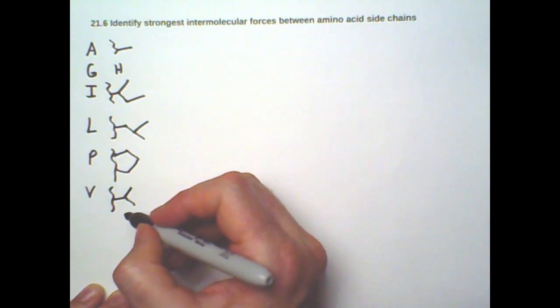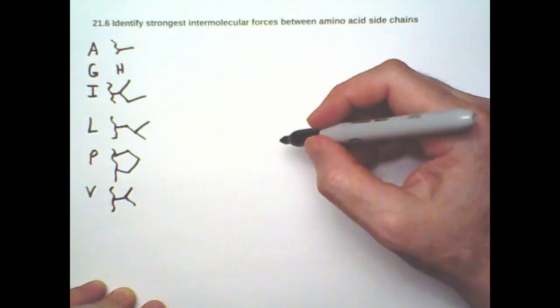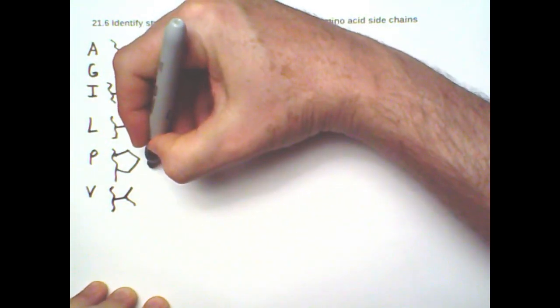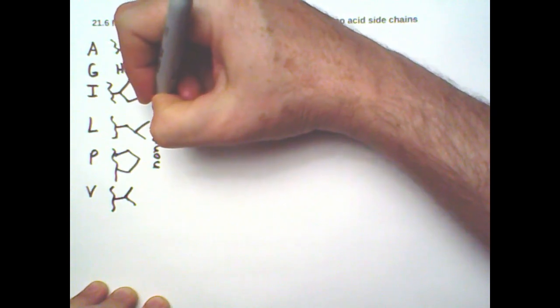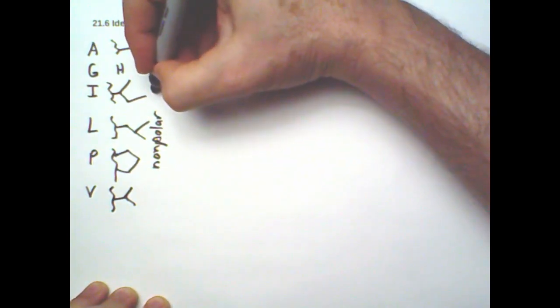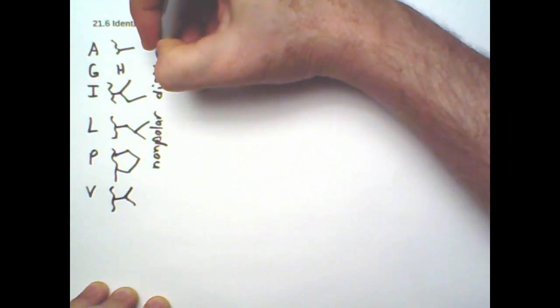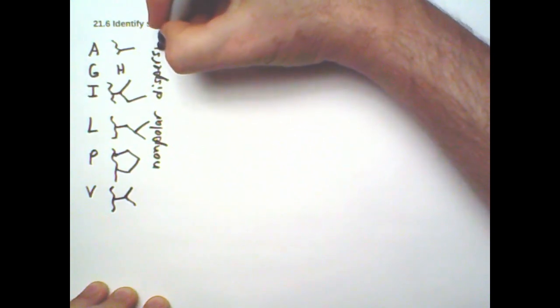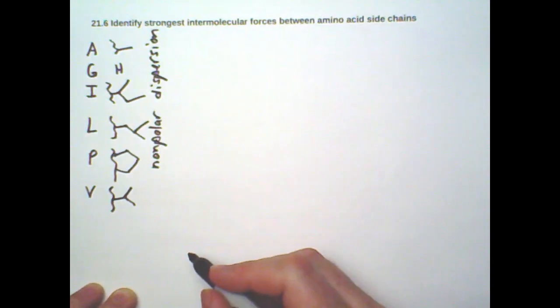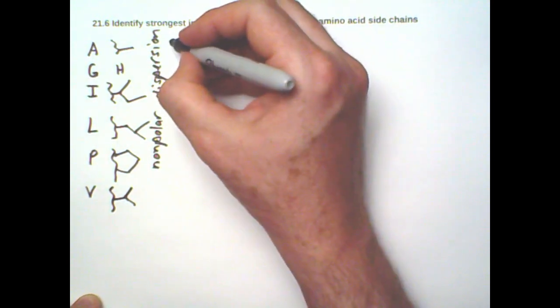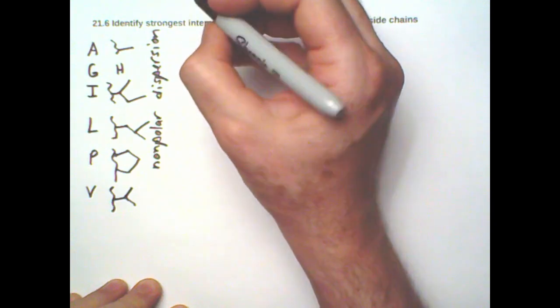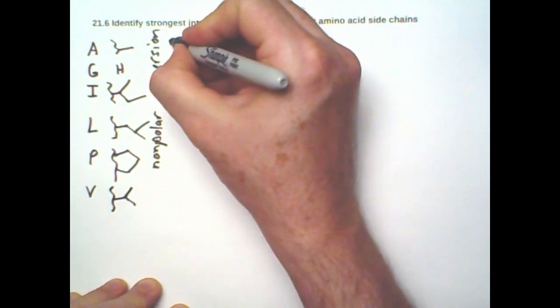The strongest intermolecular forces that any of these can have are nonpolar interactions from dispersion forces, and we can add to this group all of the aromatic, well, most of the aromatic side chains.